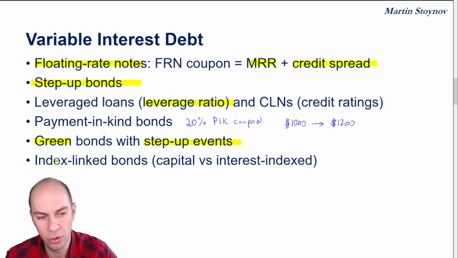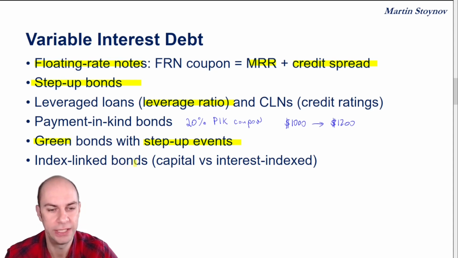And then, of course, we've got the index-linked bonds. These are bonds linked to inflation. So the idea here is that we're trying to protect you from inflation. Now, these bonds can be capital protected, i.e. the capital is linked to the consumer price index, or only the interest portion is linked to the consumer price index.